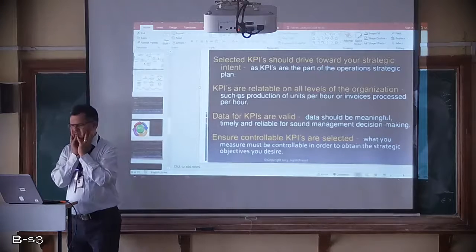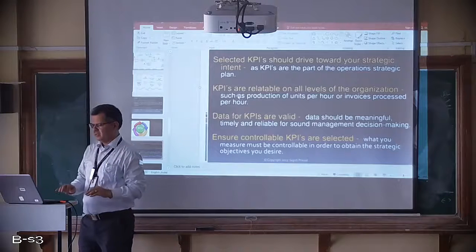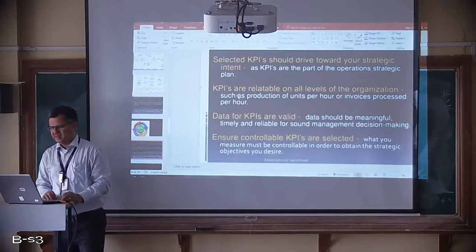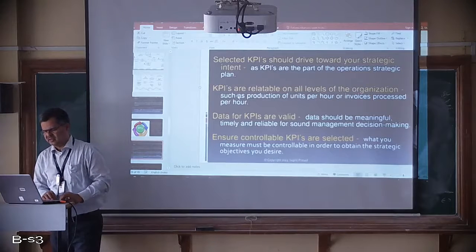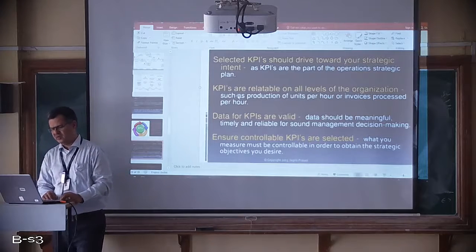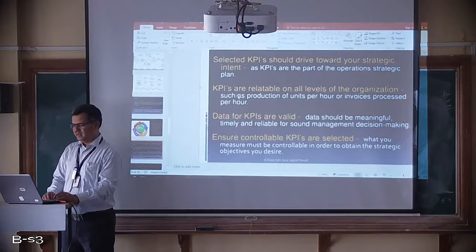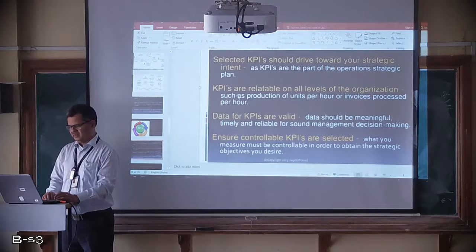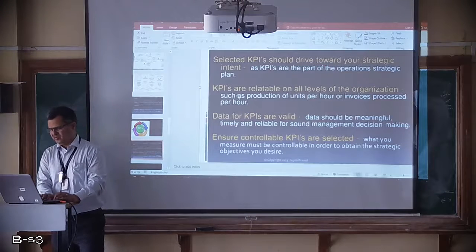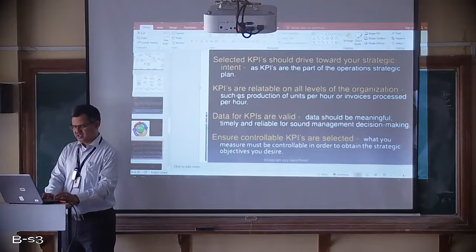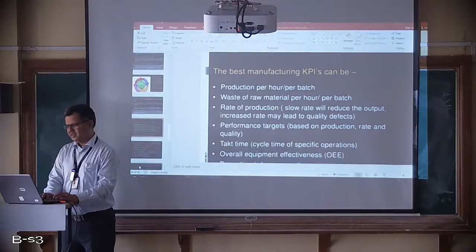So while choosing KPIs, these points should be taken care of: KPIs are relatable to all levels and drive towards strategic intent, the data should be valid, and you should choose controllable KPIs, so that you can control them to obtain the strategic objective you desire.